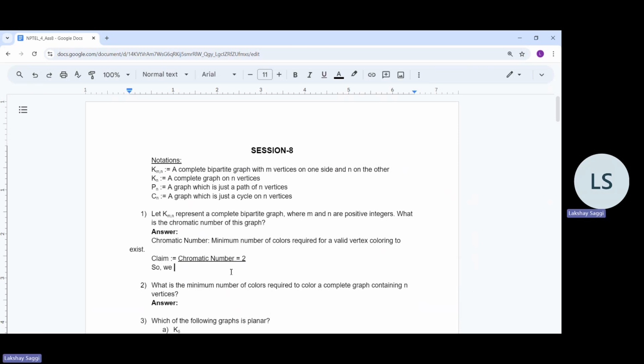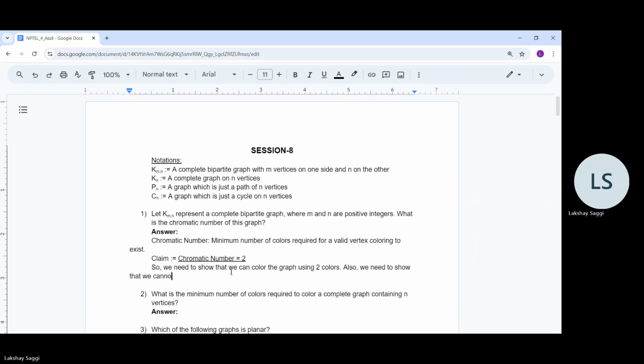So maybe we can just write it down. We need to show that we can color the graph using 2 colors. Also, we need to show that we cannot color the vertices using just 1 color.